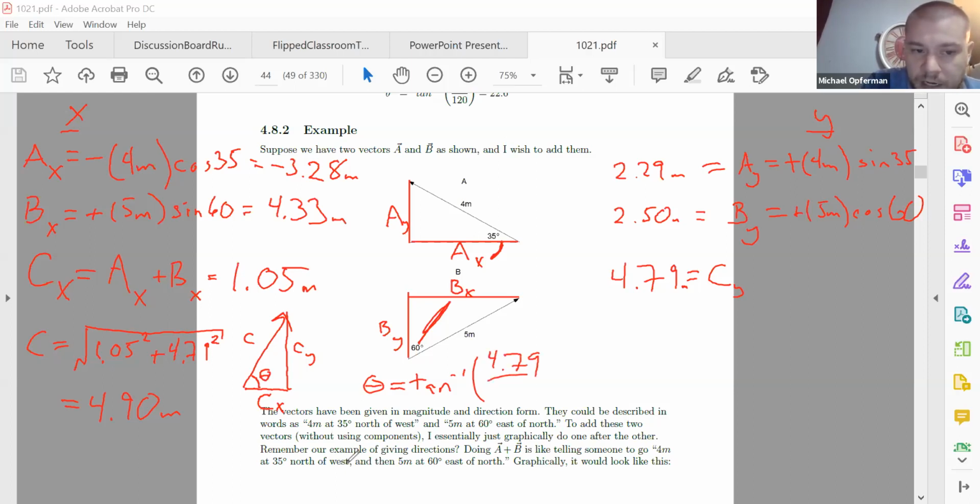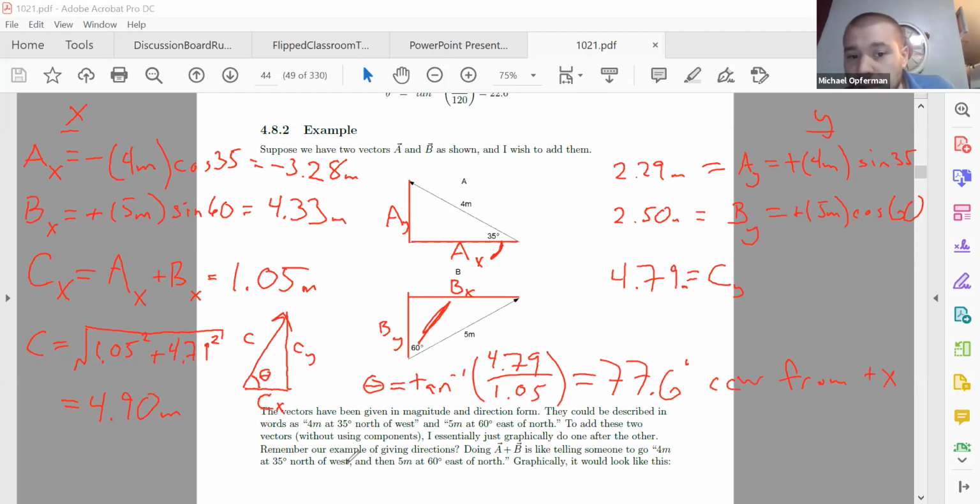So 4.79 over 1.05, inverse tan, and I got 77.6, and that's 77.6 degrees counterclockwise from the positive x-axis. Okay, and so there's the magnitude and direction of my answer.